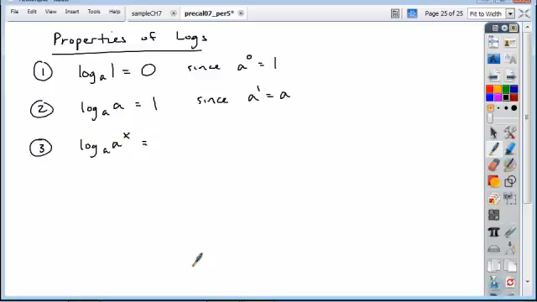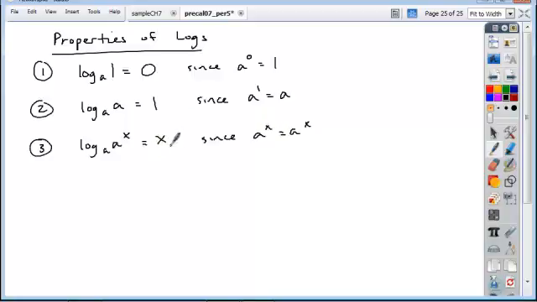What about if you took this expression? If you have the log base a of a to some power x, if you think about the exponential form, a to what power is equal to a to the x? What would that power have to be? x, right?